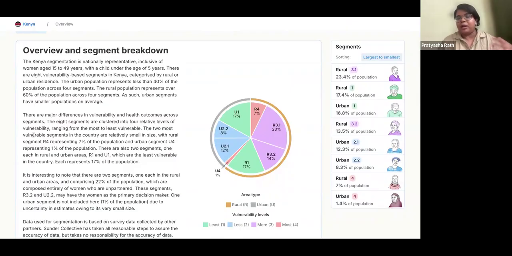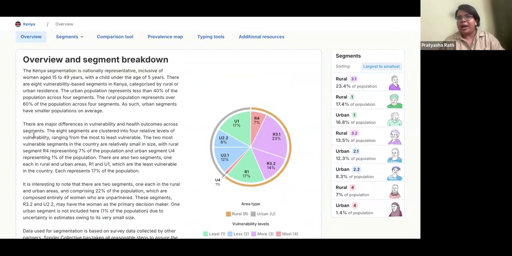I am working in Kenya, but I'm largely focusing on, say, 2 states in Kenya. And I really want to understand, do I look at all 8 segments there? Do I look at some segments? If I want to focus on the most vulnerable segment, like R4, is it even there in the geography where I'm working? So prevalence understanding is quite critical and a very early need for implementers.